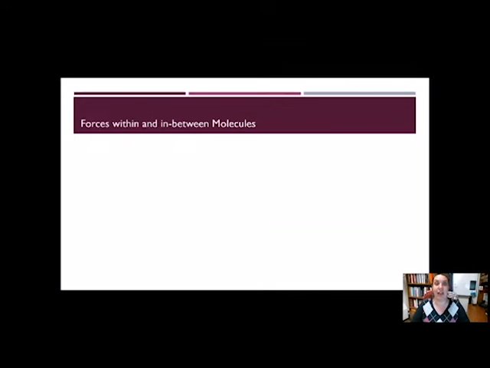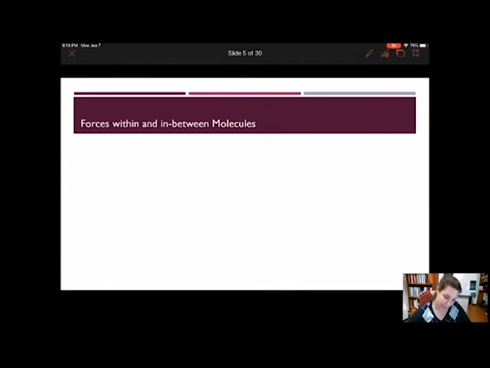Okay, so let's look at these forces that hold things together. So we've got two forces. We have intermolecular and intramolecular. Let's look at intra real quick. So intramolecular means, or the prefix intra means same.